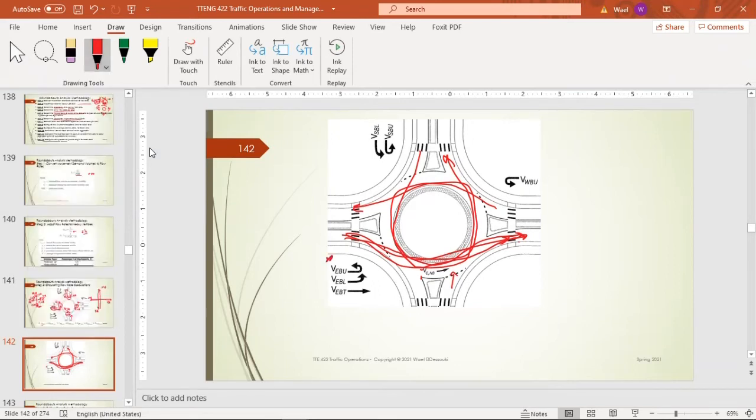Okay. So let's calculate this. So the VC northbound equals the sum of all of these.